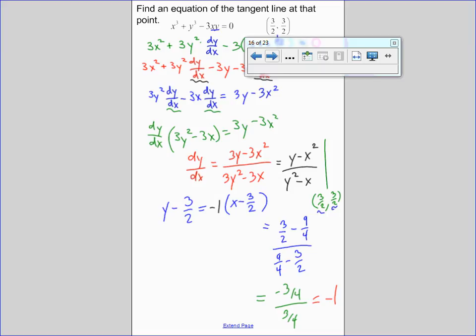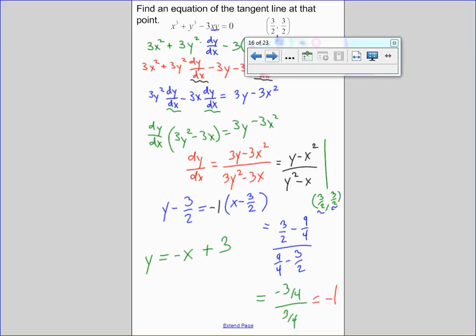Because I can't enter that in my calculator to make the picture, I'm going to solve this for y so we can see the y-intercept and see if we can visualize if this is a good equation or not. So I'm going to go ahead and finish this one out, you guys. Not all of it, but this one. Looks like negative x plus 3 halves plus 3 halves would be plus what? 6 halves, so that's plus 3. Is that right? So negative x plus 3.